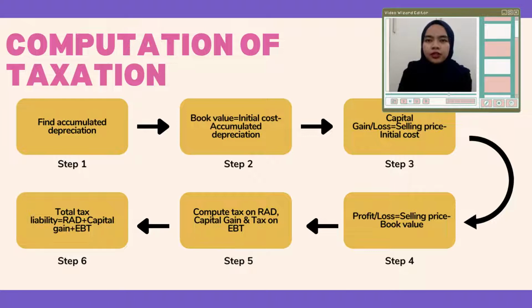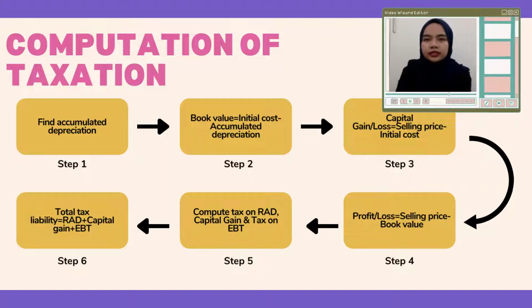For tax on capital gain, we use the formula of capital gain times capital gain tax rate. Then for tax on EBT, earning before tax, times corporate tax rate.